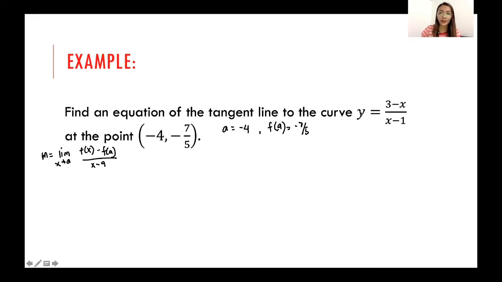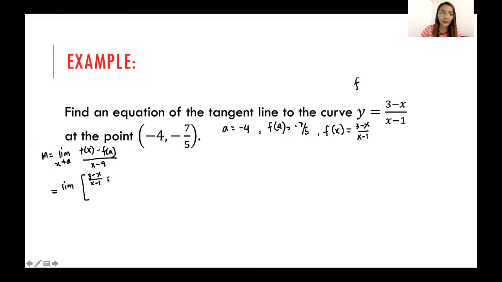Okay? So, ito yung f of x natin. F of x is equal to (3 minus x) over (x minus 1). Okay, so let's substitute. So, the limit of our f of x, (3 minus x) over (x minus 1), minus f of a, which is -7 over 5.